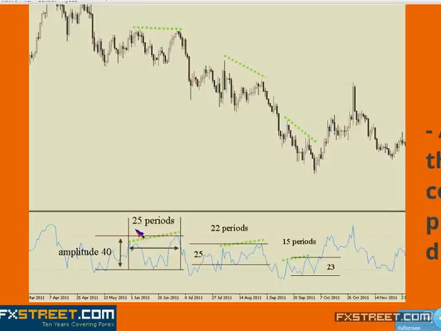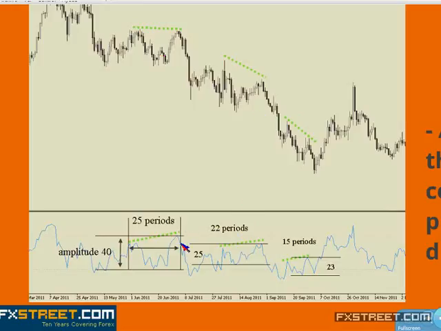We also want to count how many periods there are in the formation of the hidden divergence, and as we see here, the periods as well as the amplitude of the signal get shorter as the trend matures.